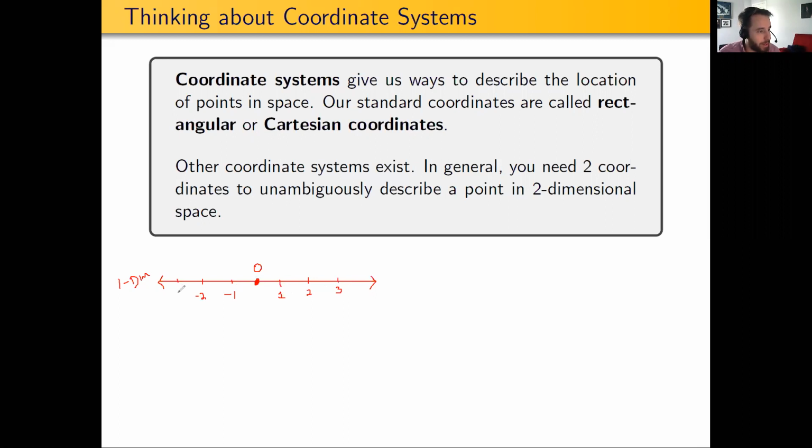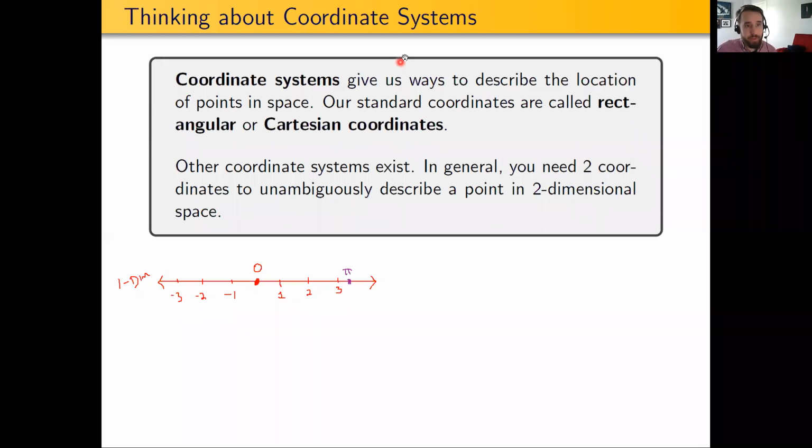And so if I wanted to talk about, say, the number pi, I would be describing the point that is pi units above the origin or to the right of the origin. And so I could identify that number with the point on the number line, or the point on this one-dimensional space. So that's one dimension.